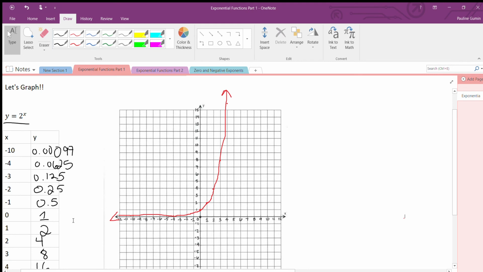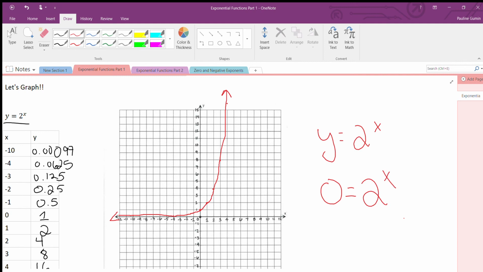Another thing I notice is that my numbers going to the left are getting super duper tiny. Will they ever be tiny enough to equal 0? Can you think of a number that we can plug into this function for x to make this true? Can you think of one?